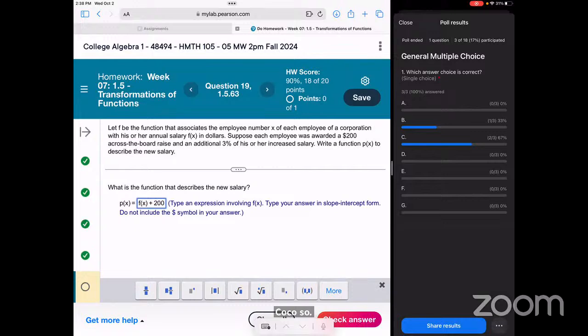Let's see, and then an additional 3% increase on the increased salary. We've already increased their salary once, and then we're going to increase it again by an additional 3%. So what we have shown on the screen right now could be considered 100%. We want to take this and increase it by 3%.